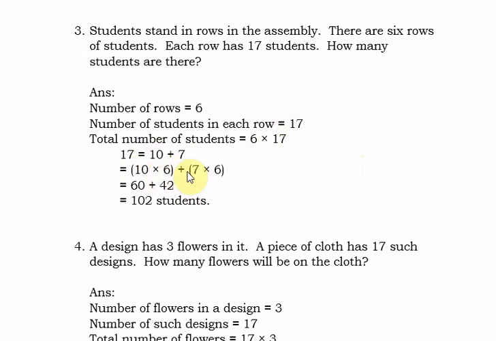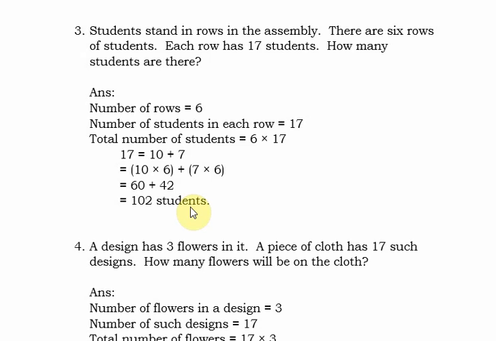So 10 into 6 plus 7 into 6. 10 sixes are 60, plus 7 sixes are 42. When you add 60 plus 42, you will get 102. So the total number of students is 102.